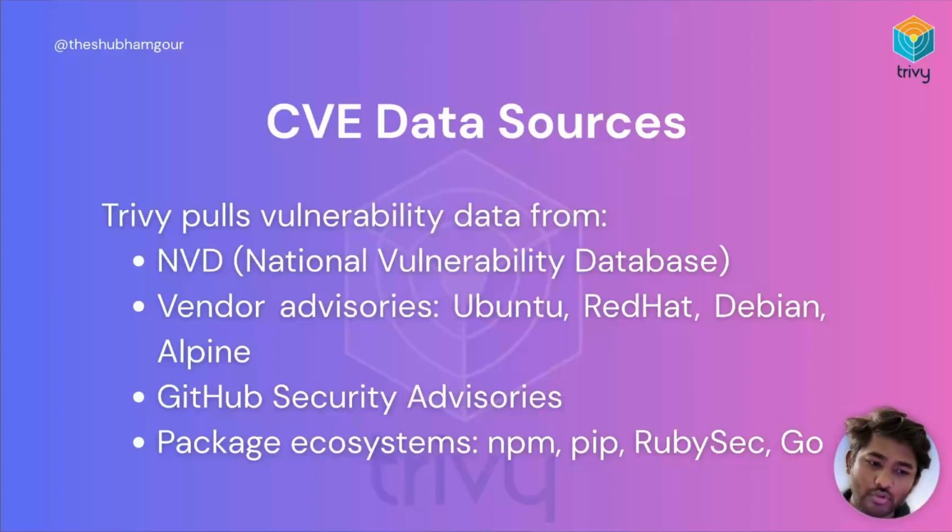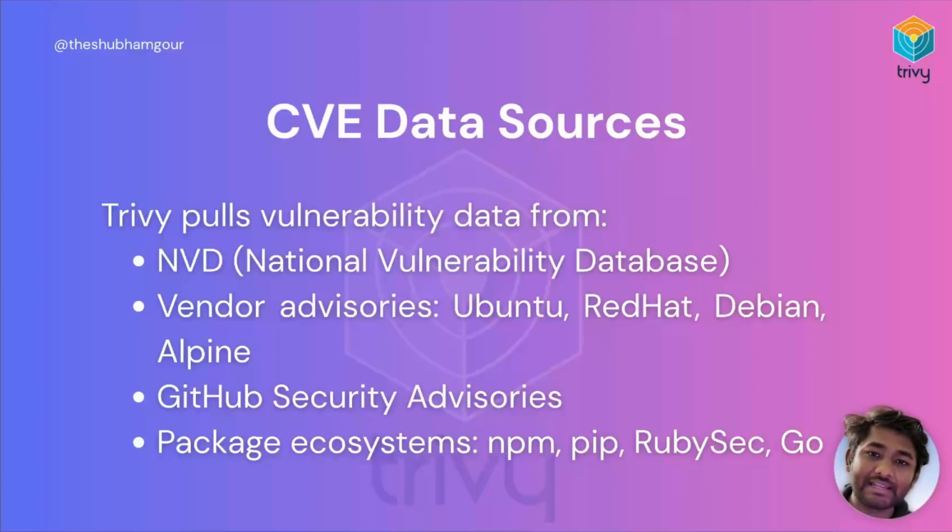The second source of truth for the vulnerability database is vendor advisories. It can be Ubuntu, Red Hat, Debian, or Alpine. Third would be GitHub security advisories. What are GitHub security advisories? GitHub is a community of all the developers. All the issues raised by the development team and open source developers are logged in these advisories.